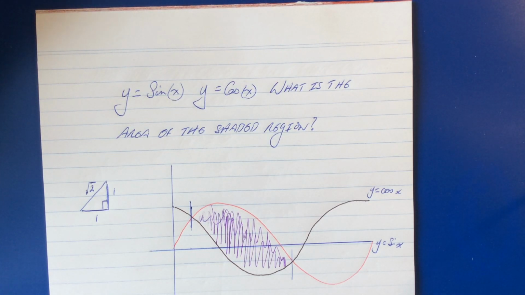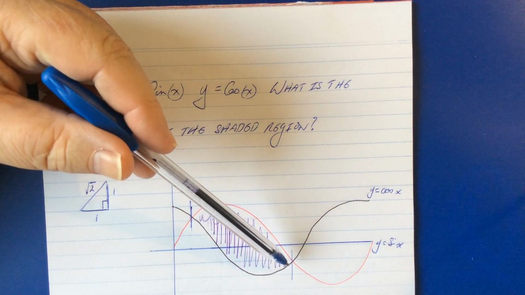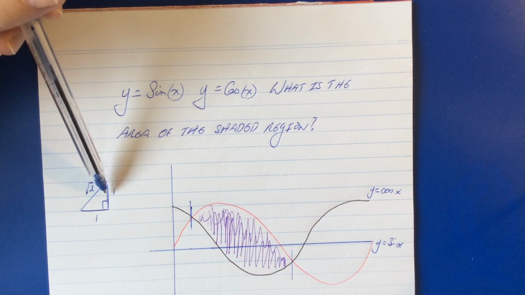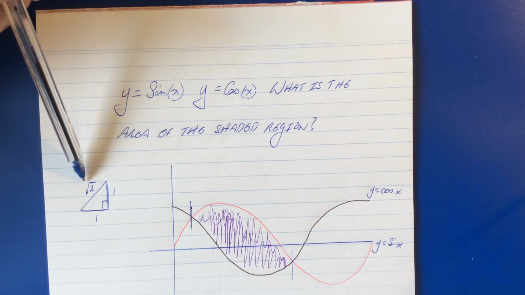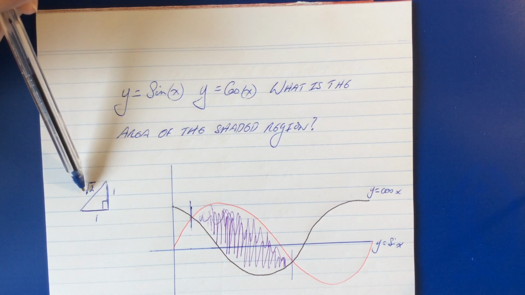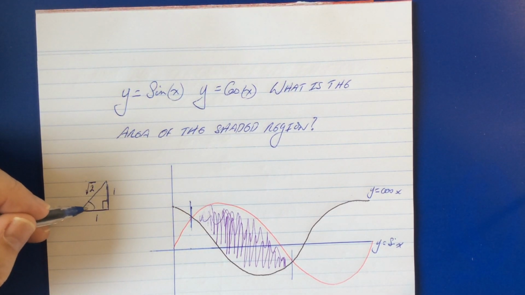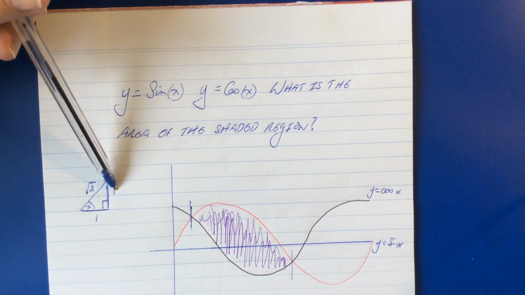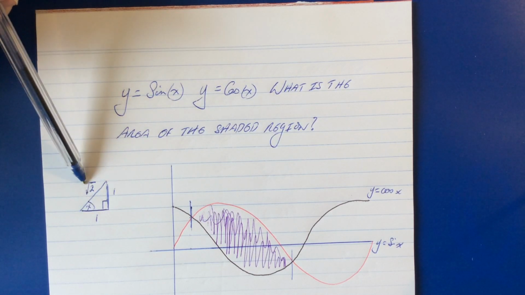So they are points at which clearly the sine of x is equal to the cosine of x. Now, if we take a look at a triangle, which I hope you're familiar with, you use this one for working out trig ratios. The sine of x, if we put x in there, is the opposite over the hypotenuse, and the cosine of x is the adjacent over the hypotenuse.